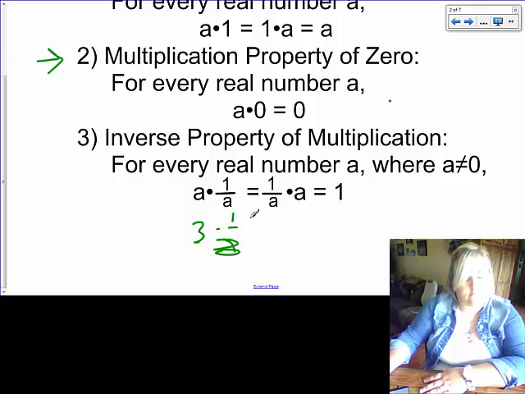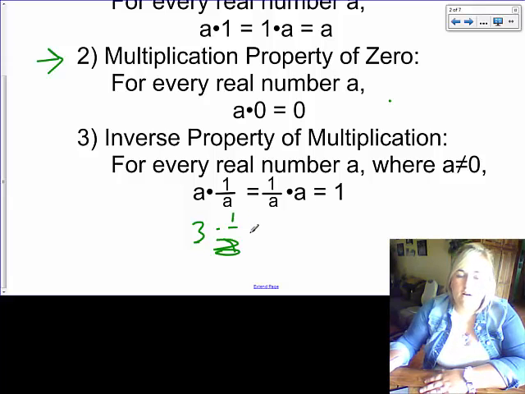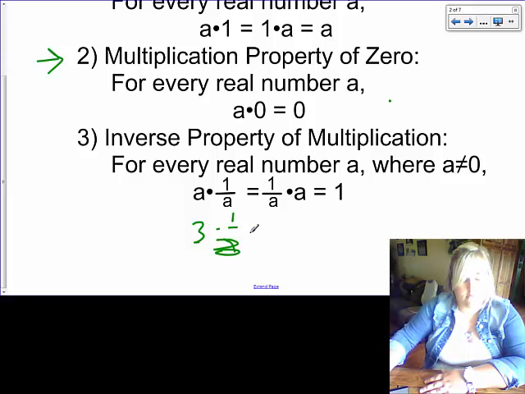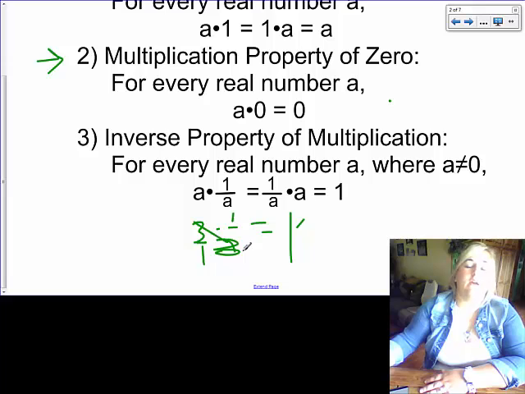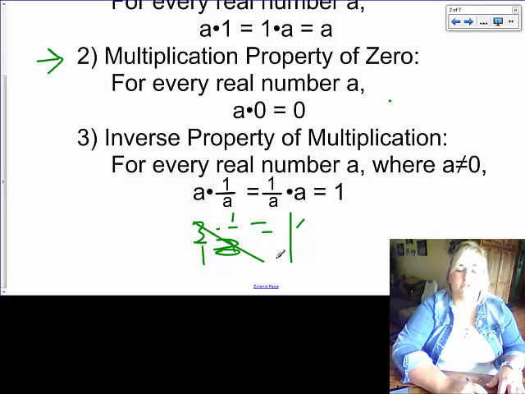And that equals 1, because I could show this 3 as 3 over 1, and I know that 3's will cancel out across that multiplication, and so then I just have 1 over 1, which is 1.